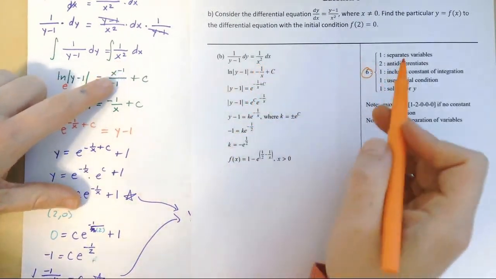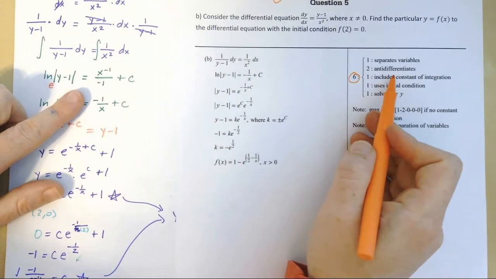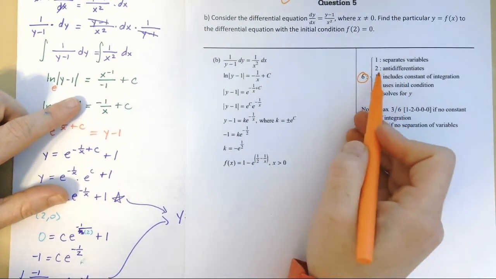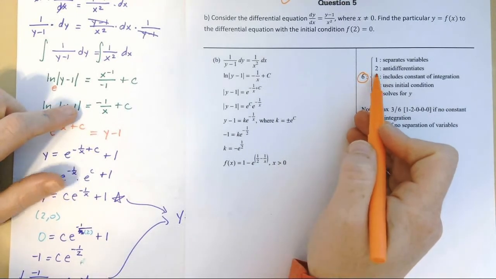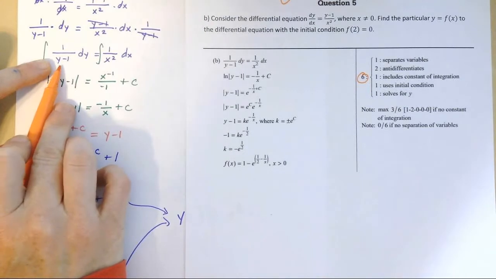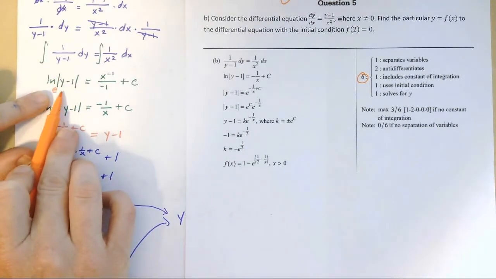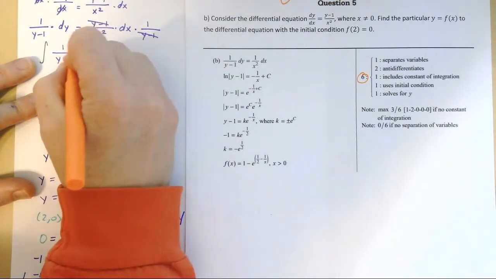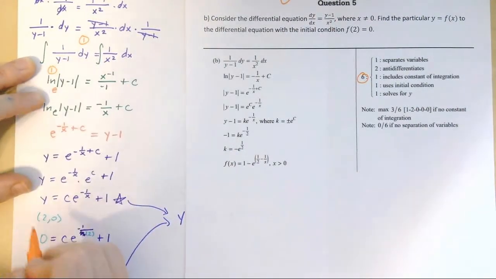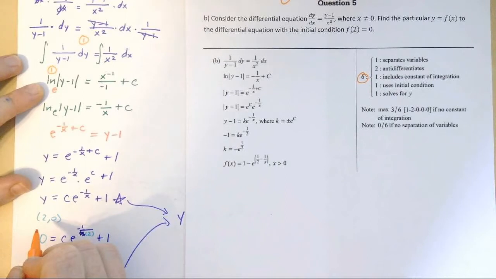Step 2. Did we correctly take the integrals, or the antiderivatives? Y'all, this is worth 2 points. It's like 1 for each side. Could you take the integral of 1 over y minus 1? You get 1 point. So this is 1 point for separating. You get 1 point for correctly taking this integral.